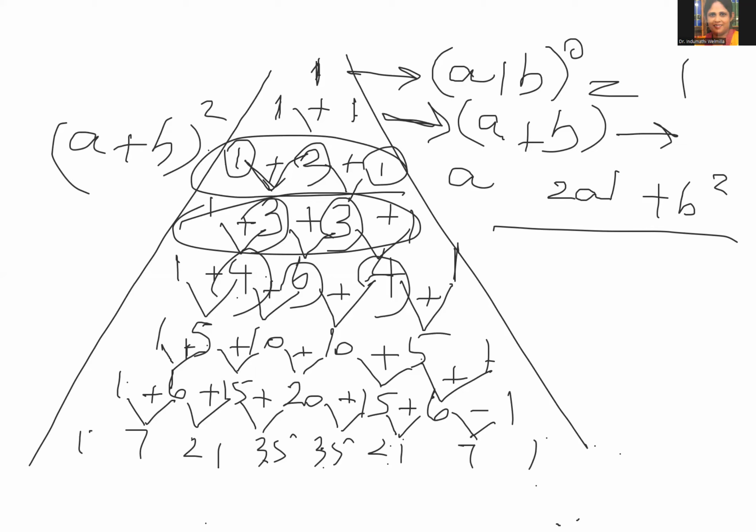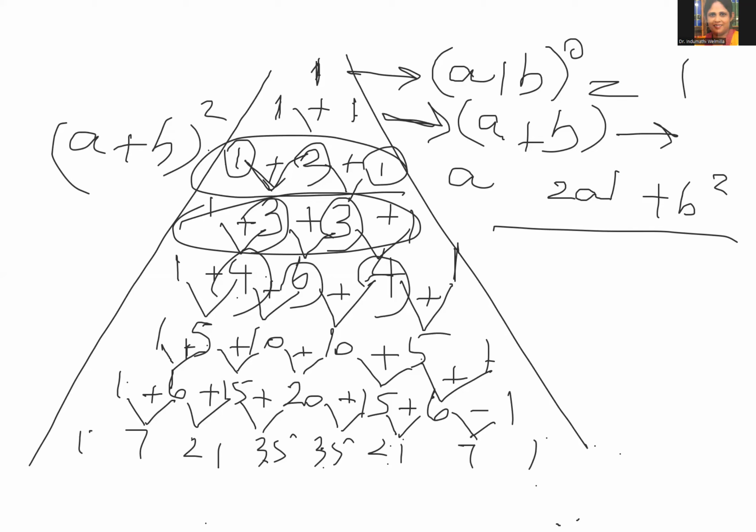This is the important thing I would like to remind you. You need to very clearly understand the binomial theorem, the Pascal triangle, and how this Pascal triangle is useful to the binomial theorem, and also permutation and combination.